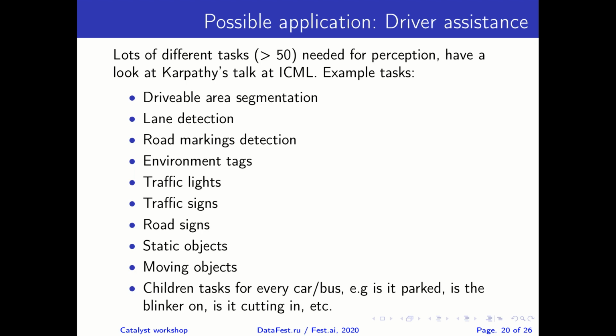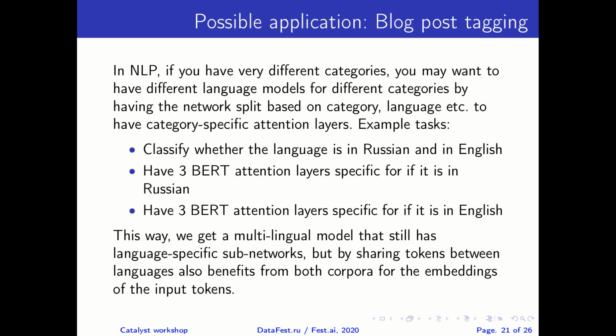So example tasks here would be drivable area segmentation, lane detection, road markings detection, environment tags, traffic lights, traffic signs, road signs, static objects, moving objects, children tasks for everything, like for every car, is it parked, is the left blinker on, is the right blinker on, is it cutting in. Lots of different tasks could be needed for driver assistance.